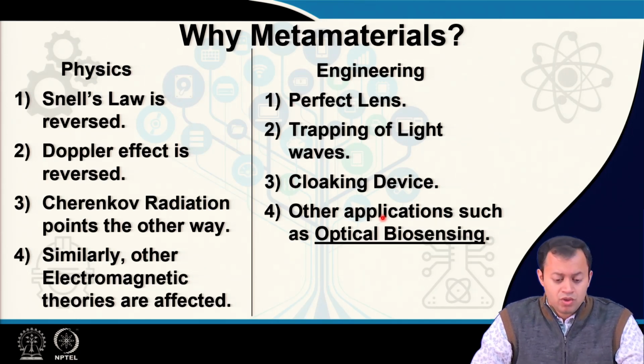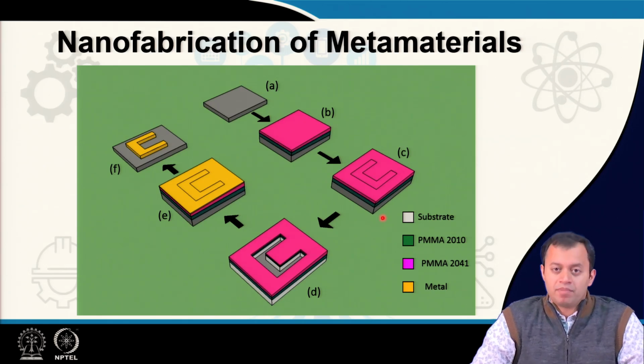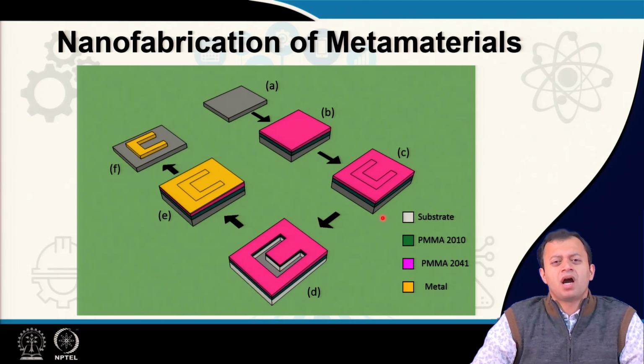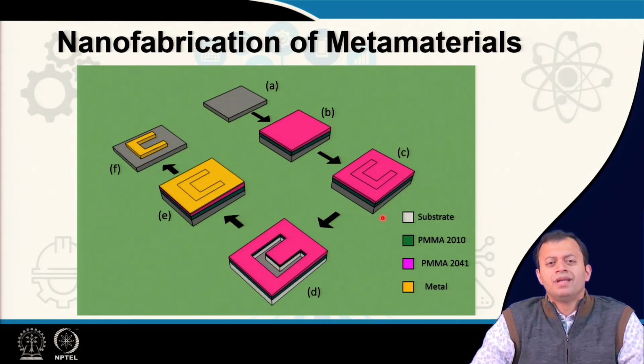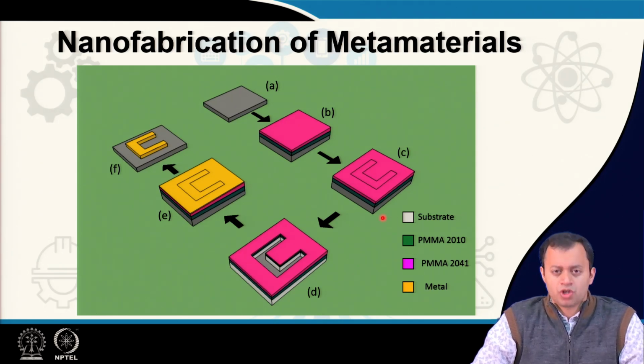Well, how do we do it? We utilize nanofabrication, nanotechnology. In the imaging part, I did not show you how to do nanofabrication, but this is the particular case where I can give you a glimpse of how nanotechnology is being used to make ultra small structures.